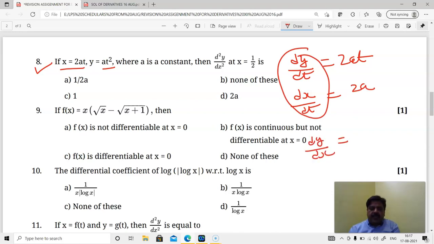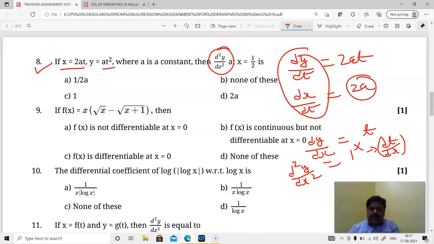That is t. But he says the second order derivative at x equal to half. The second order derivative is d2y by dx square, and students normally write 1, which is wrong because we are differentiating t with respect to x. It is dt upon dx, and dt upon dx is nothing but the reciprocal of this. So 1 upon 2a is the correct answer.